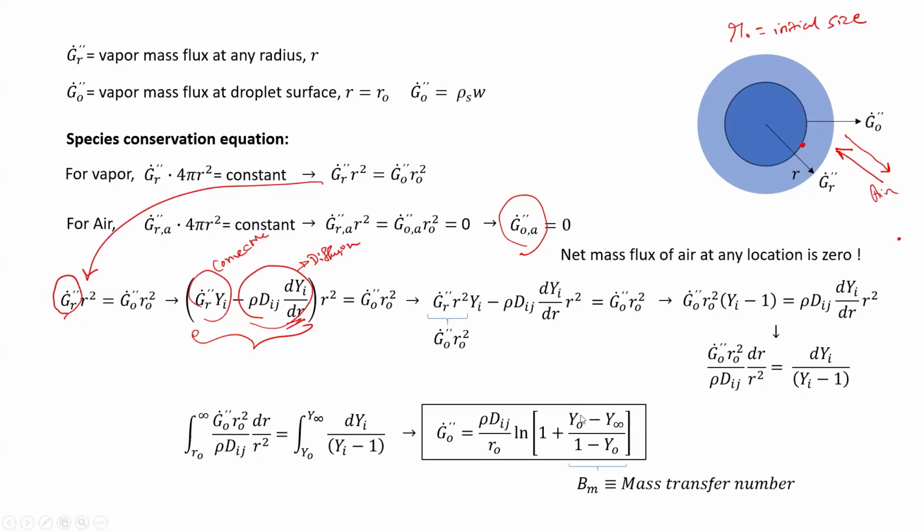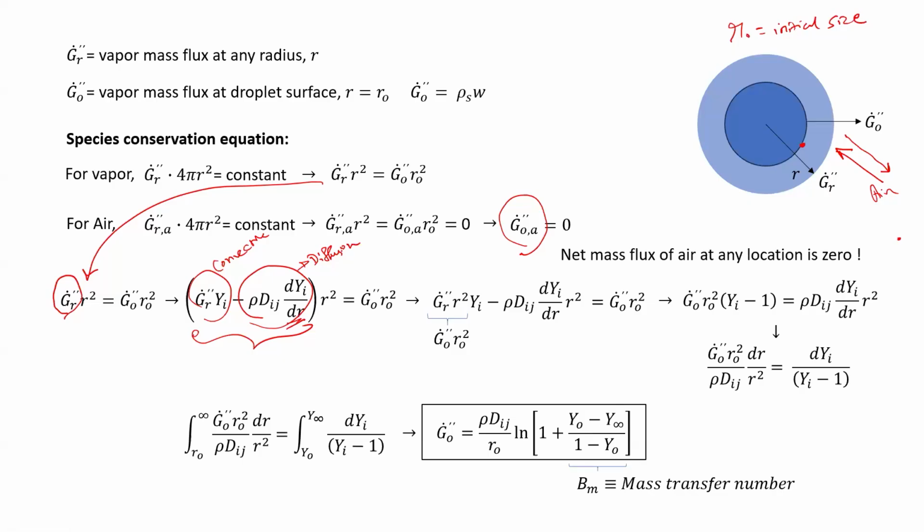Okay. So, obviously higher this parameter, then higher is the evaporation rate. How? So, if the value of y naught is higher, and let us say y infinity is fixed, and if y naught is higher, then this parameter is higher. Okay.